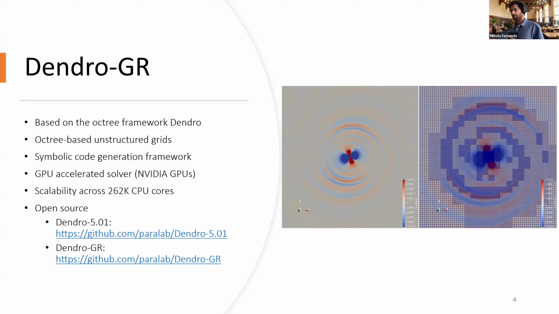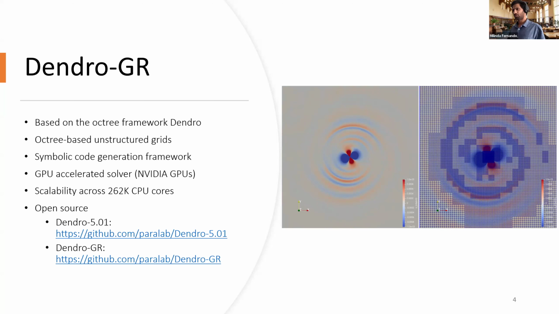On top of that, we have added a symbolic code generation framework. If you have worked in numerical relativity, technically you can write these equations by hand, but it's going to be a tedious task. So most people use some sort of code generator to evaluate the right-hand side of these PDEs. And we have a simple code generation framework that is native to Dendro-GR.